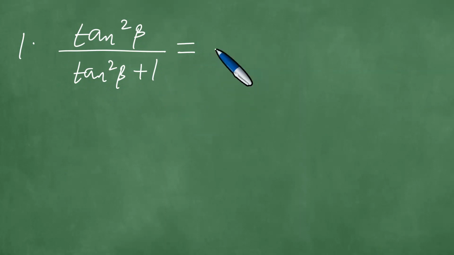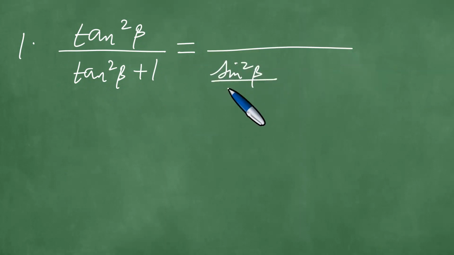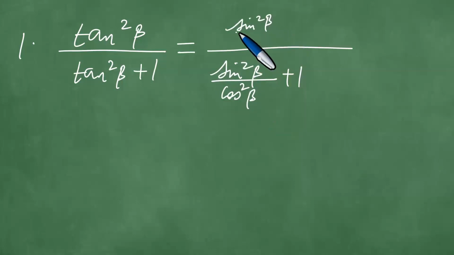Okay, there are a couple of ways to deal with this, but one of the ways is to write everything in terms of sine and cosine. Sine squared beta over cosine squared beta.